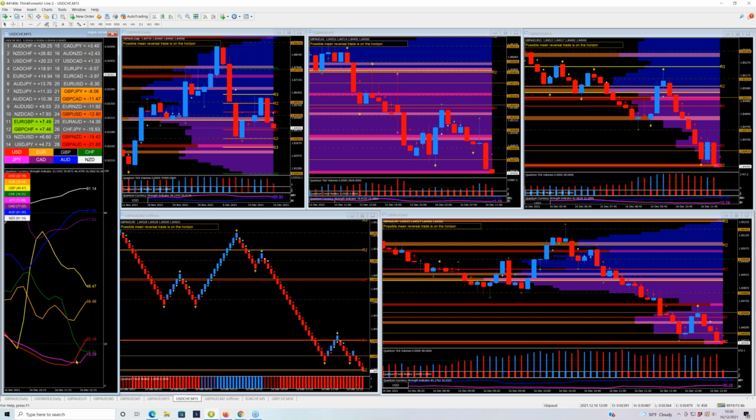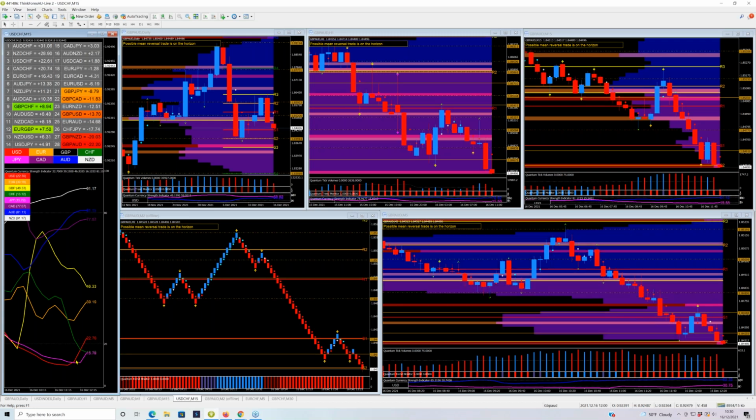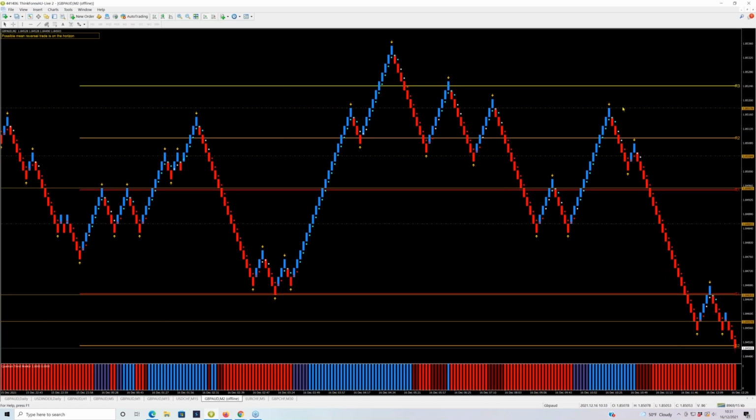And it's often worth going to see what is happening on such a pair, because although it's an asymmetric move, in the sense that there's a stronger force in one direction, and not nice and even in terms of divergence, it can often produce a really nice move, and in fact it has on the pound Aussie.